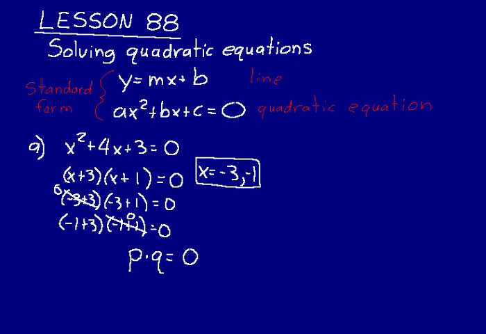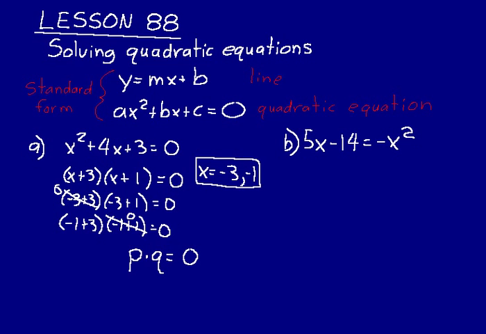And so we apply that to solving quadratic equations. If one of those two factors is equal to 0, if we substitute a number in for x to make one of those two factors equal to 0, then that number we substituted in is a root or zero or solution, all those things mean the same thing, for that quadratic equation.